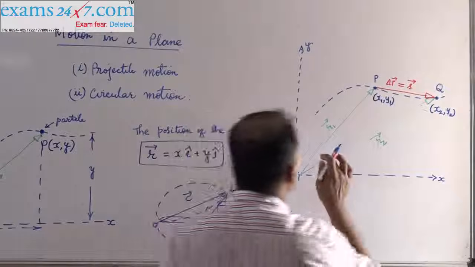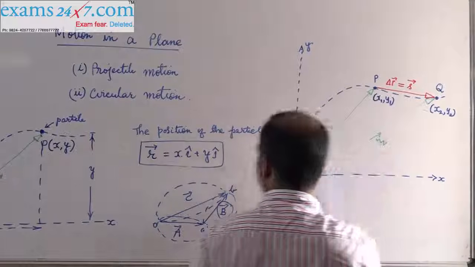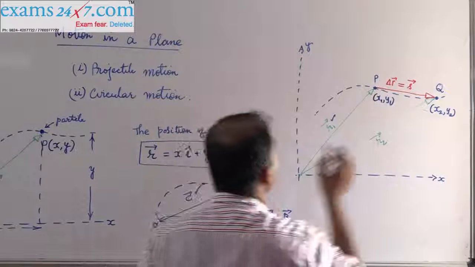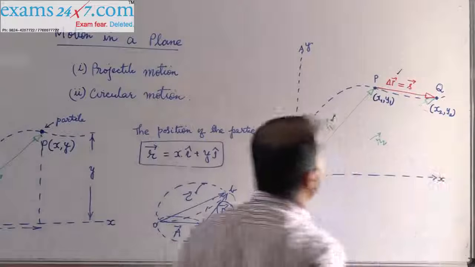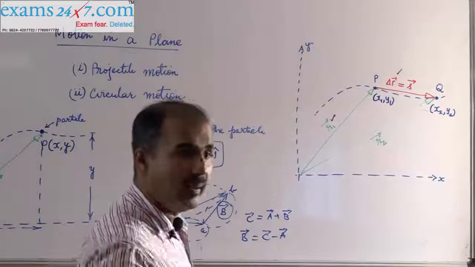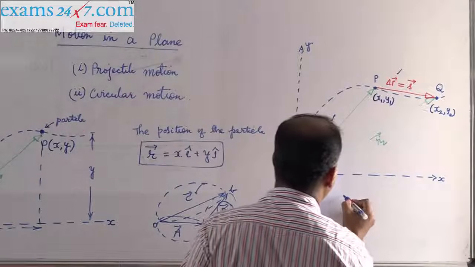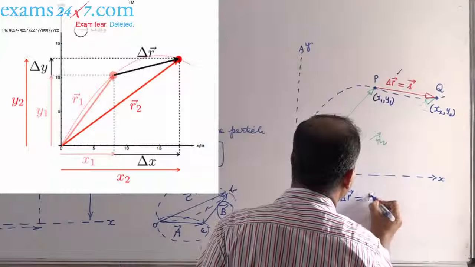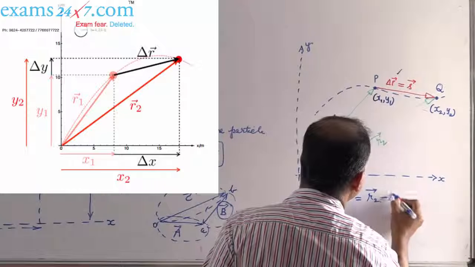So therefore, this vector r2 is like C here, r1 is like vector A here, and delta r is like vector B there. So we can easily write delta r, the displacement vector, as r2 vector minus r1 vector.